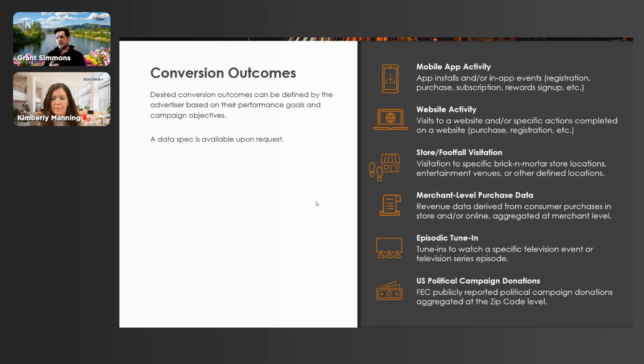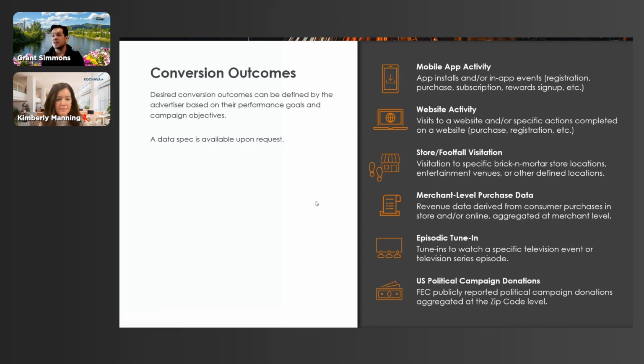This notion of episodic tune-in is pretty big in media and entertainment, so actual viewership of consumption events in media and entertainment brands. And then finally, we're tied into political donations right now. In case anybody hadn't noticed, it's an election year, and there's going to be a lot of political dollars flying around. We have some ways to close the loop on that, largely around donation measurement.